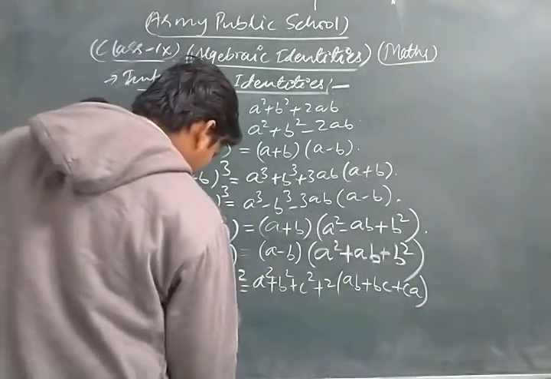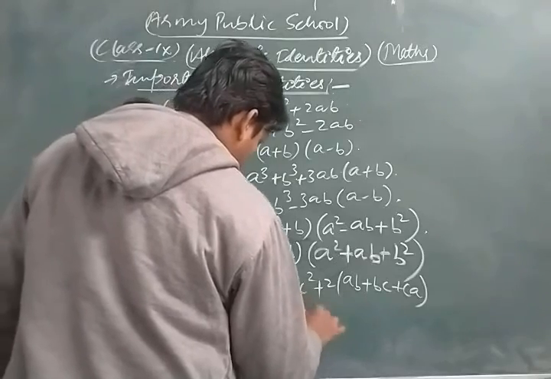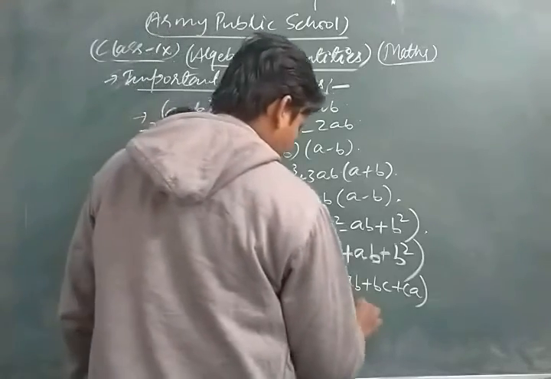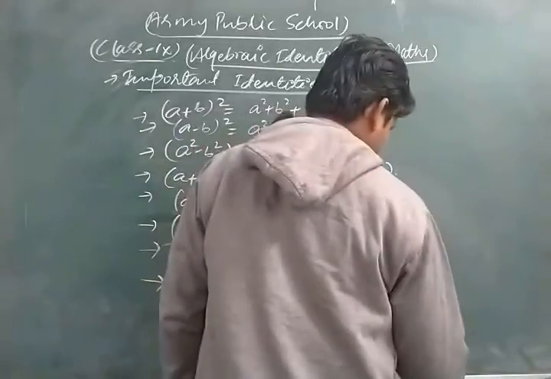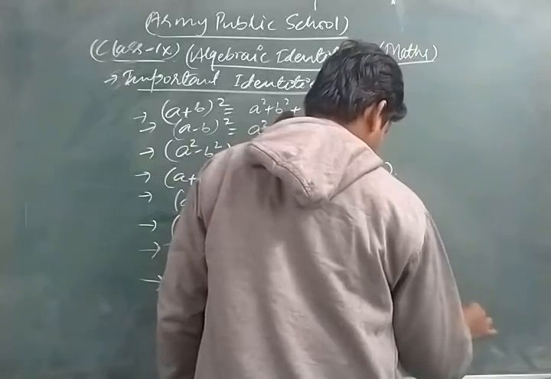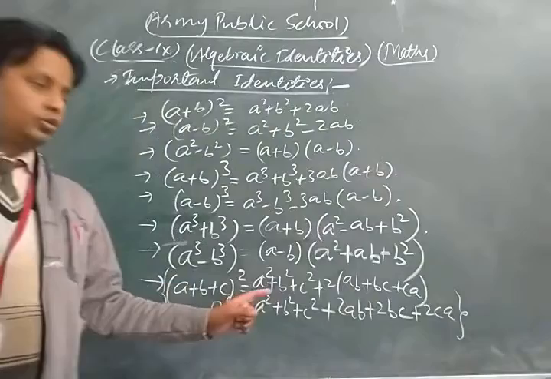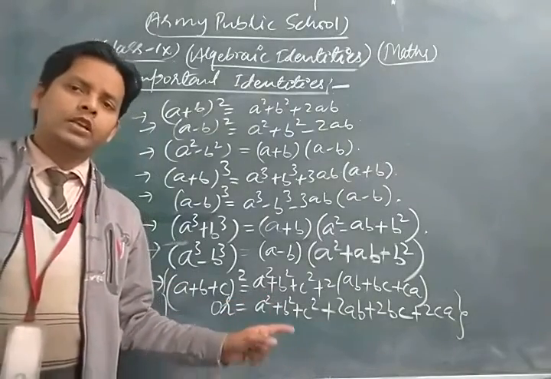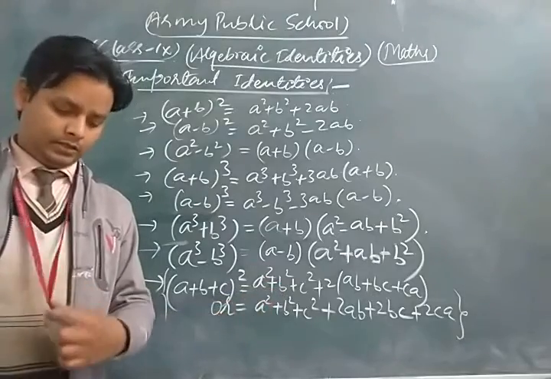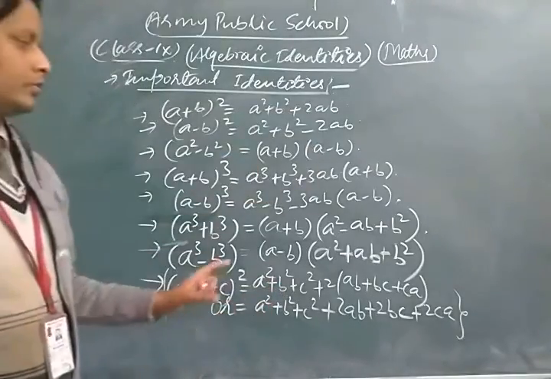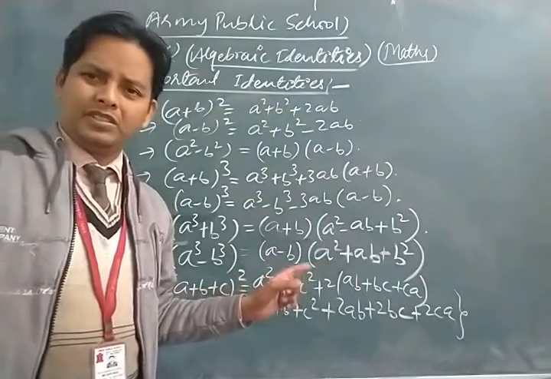Or we can write, dear students, A square plus B square plus C square plus, if we multiply them, 2AB plus 2BC plus 2CA. So these are also very important algebraic identities related to your syllabus.